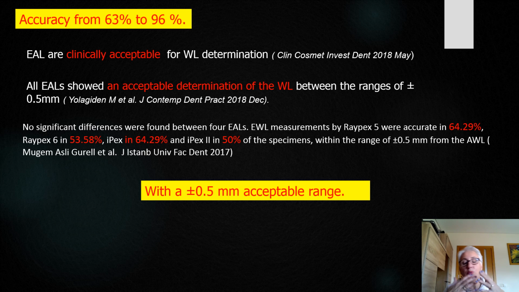If we go longer, this 0.5 millimeters is biologically not acceptable, and we can have postoperative pain. If we go shorter than 0.5 millimeters, we risk leaving infected tissue not cleaned.